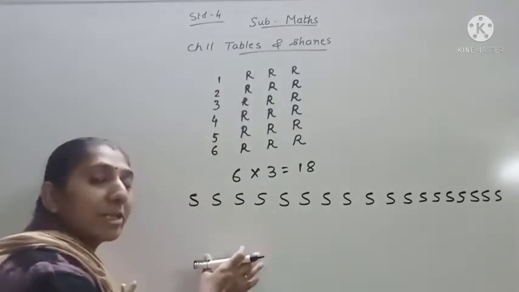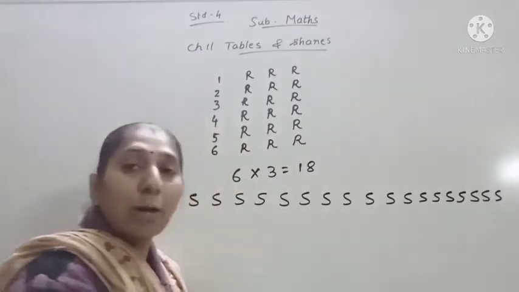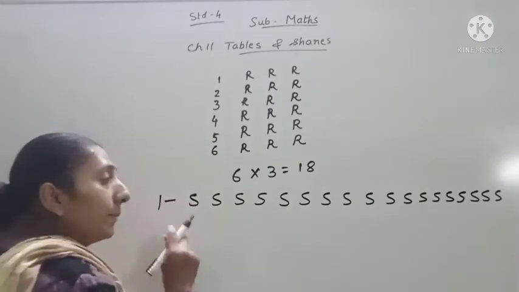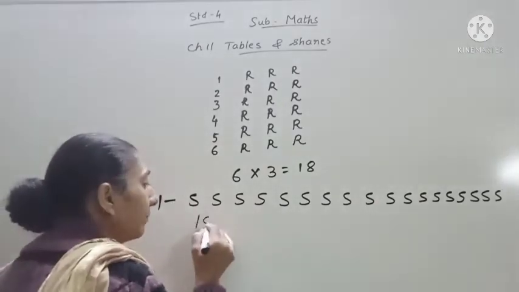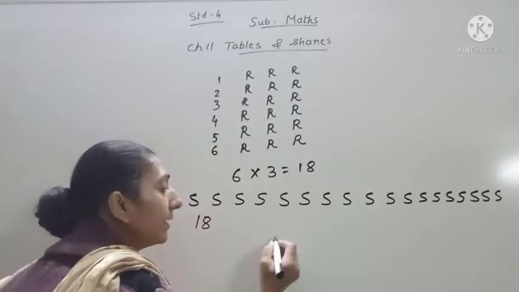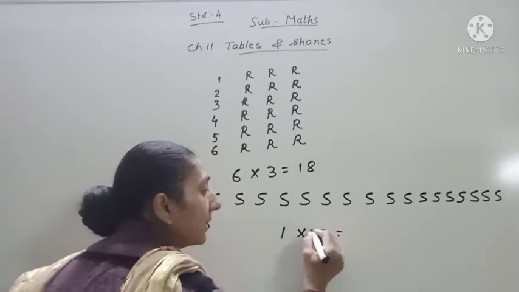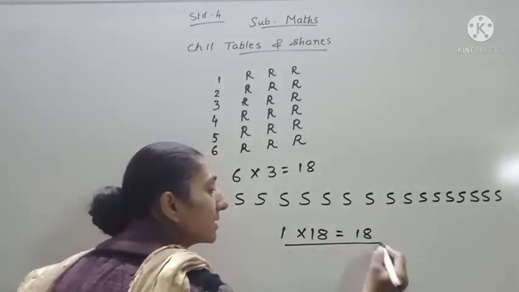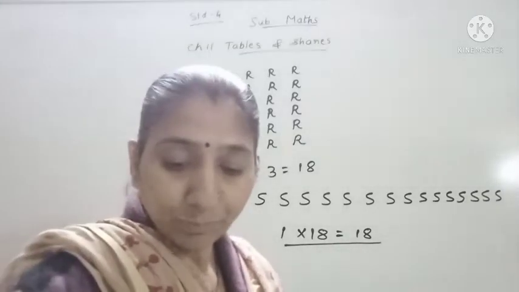So what will the arrangement be for this? How can we write about the sunflower plants? There is only one row. But in one row how many plants are there? 18. So what will be the arrangement? 1 multiplied by 18 is equal to 18. So this is the arrangement for sunflower plants.